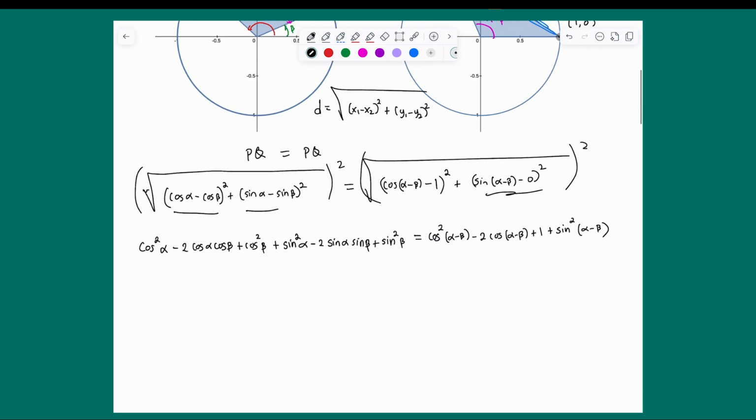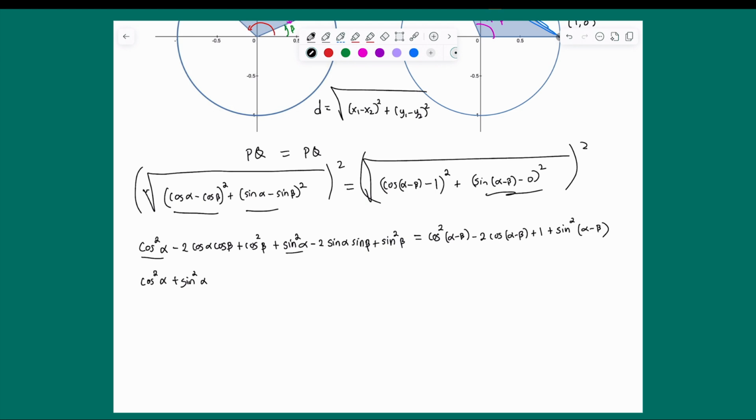All right, so I'm going to collect some terms around here, because notice we have a sine squared alpha. Oops, not cosine alpha, but sine squared alpha. So that's this term and this term.